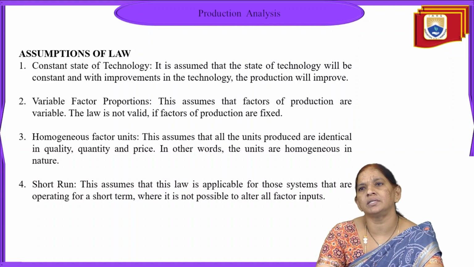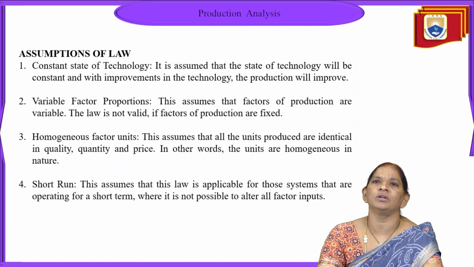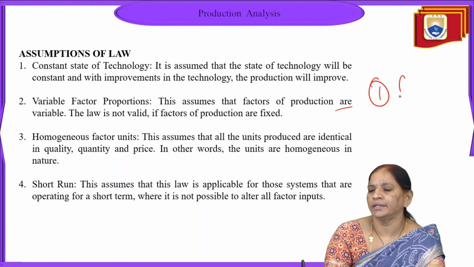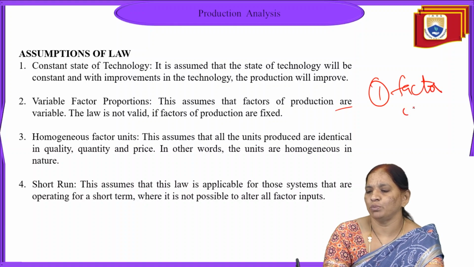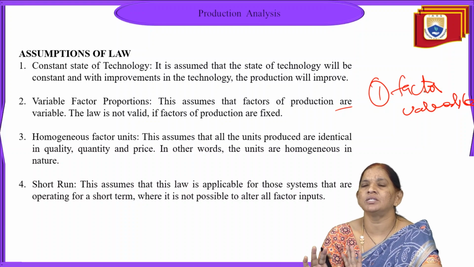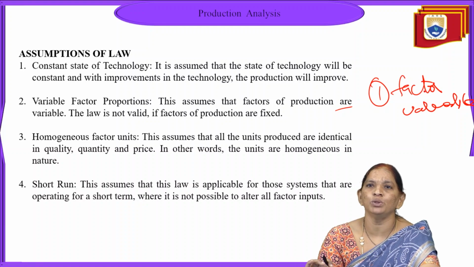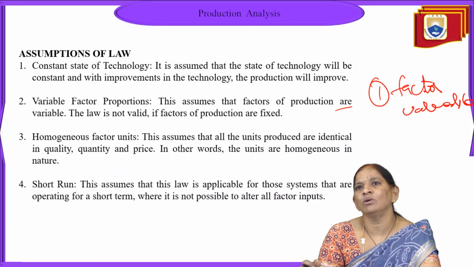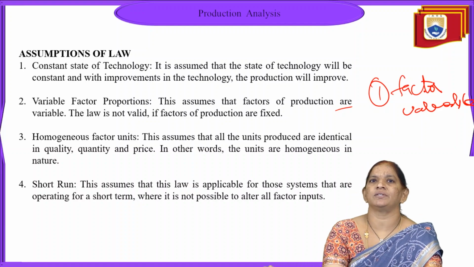This assumes that factors of production are variable, so this law is not valid if all factors are fixed. One factor must be variable, then only we are able to identify the differences. If all are fixed, we cannot identify the differences.